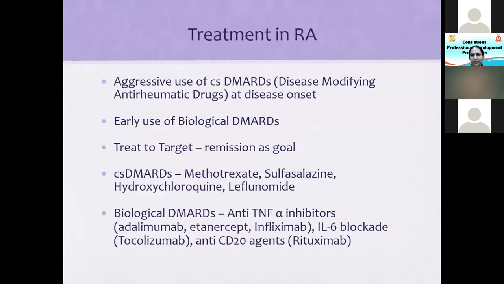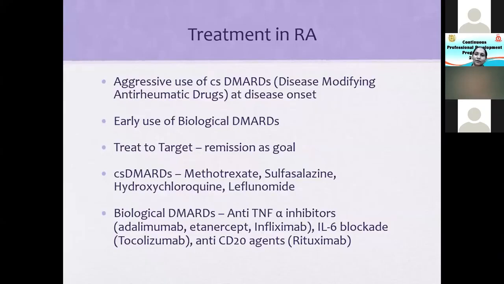So very briefly, we will look at the treatment in rheumatoid arthritis. Now, as I mentioned earlier, it is very important to start aggressive use of conventional synthetic disease-modifying drugs. This has to be done at disease onset.